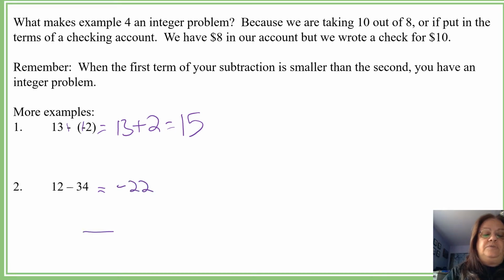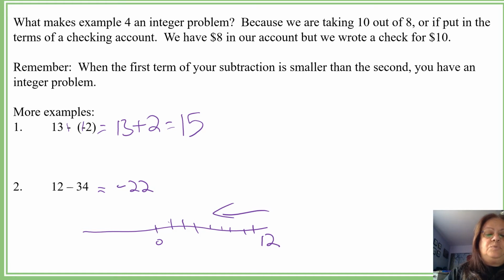Remember what you've done is gone 12 units this way, and then 34 units in the negative direction. So I'm going to do 12, but then I have another 22. Well, we've run off the board, but you get the idea. Okay, so that's why it's a negative 22.